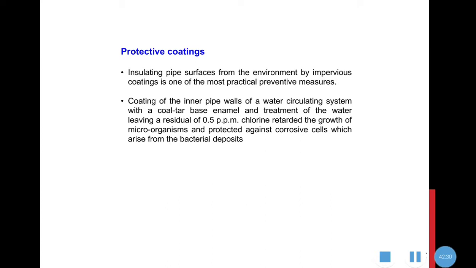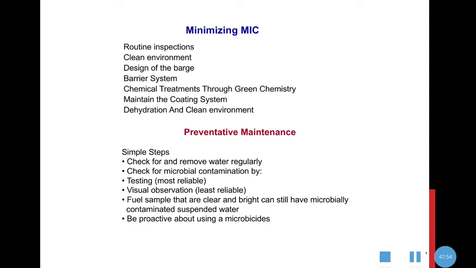So by using chlorine at a residual of 0.5 ppm in the water leaving, it can retard the growth of the microorganism in the pipeline condition. So this is one method used to control the corrosion induced by microorganisms.